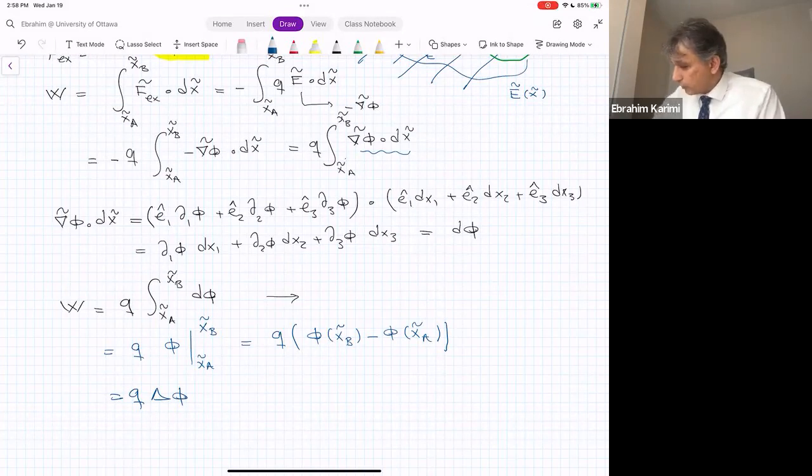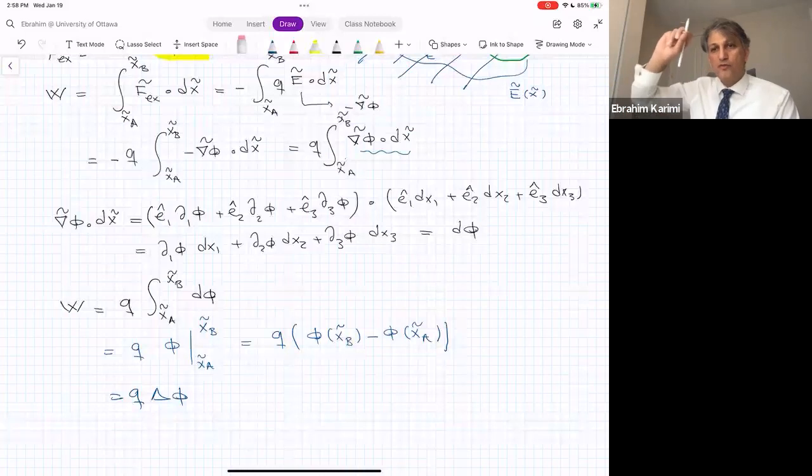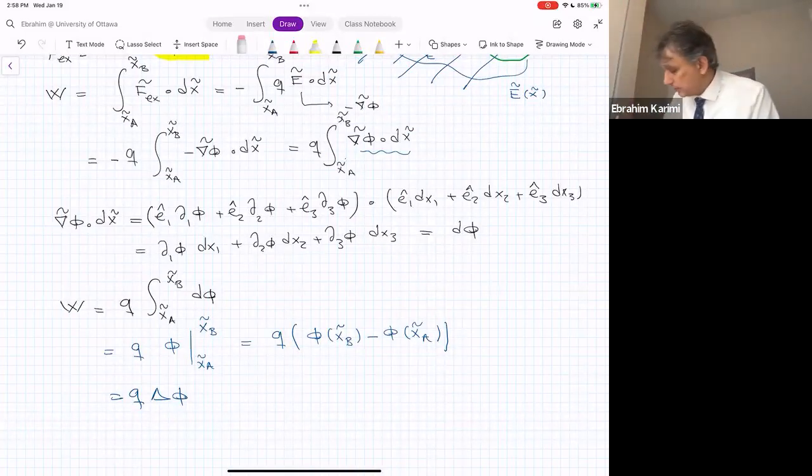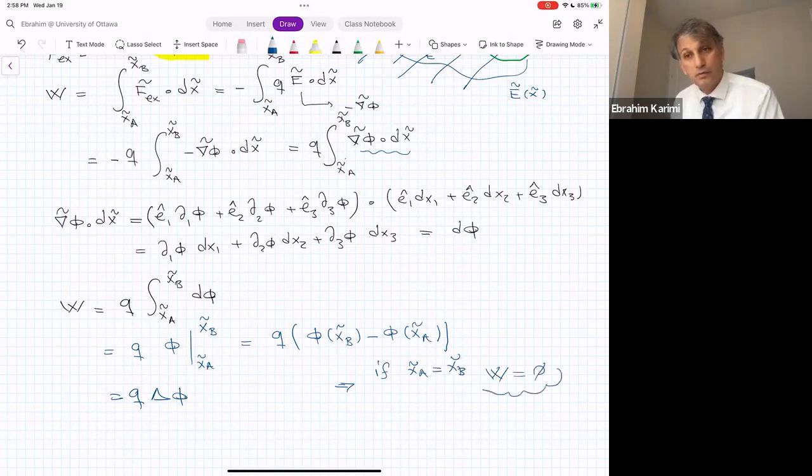So from here, what we understand is that if we do the movement on a circle, so we are moving from xa and coming back to the same place, if xa is equal to xb, then the work will be 0. Okay?